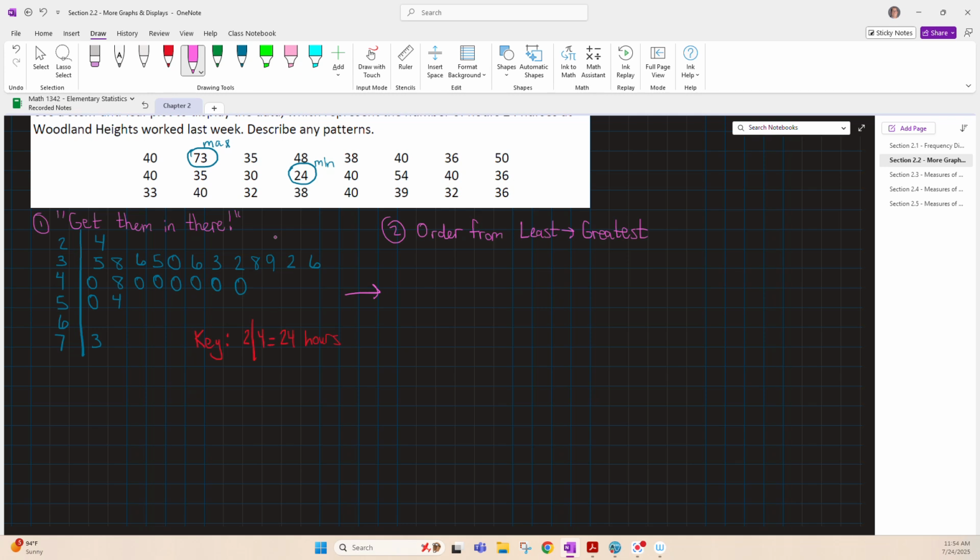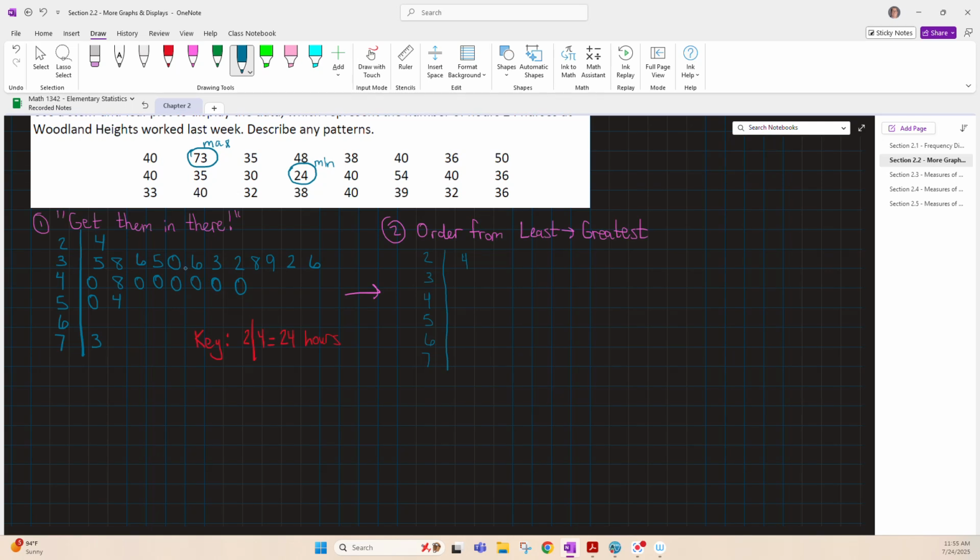So we got them in there. Then we need to order from least to greatest. So let's do that. We're going to have to kind of create a new one. 2, 3, 4, 5, 6, 7. Now, with that said, you don't have to draw a whole new one. You can take the one that you have and just erase what you need to erase to get them put in order. I'm just going to do a whole new one because it'll be easier.